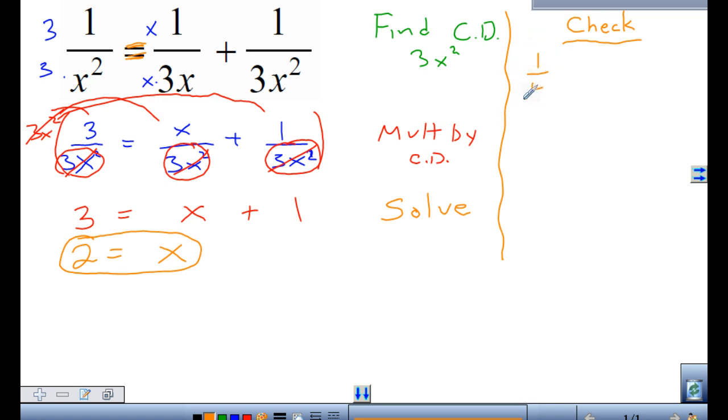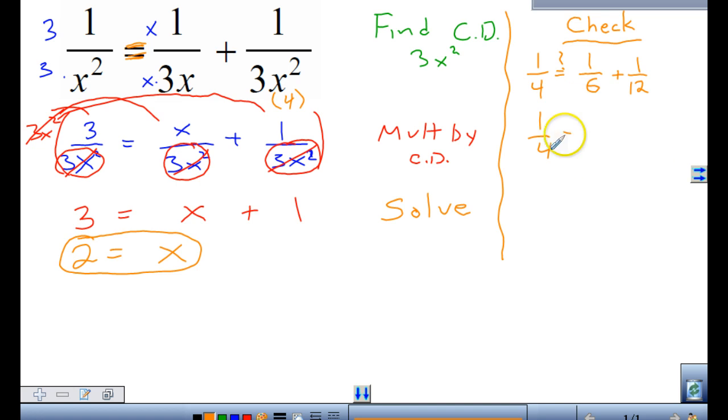So it is 1 over 2 squared, which is 1/4, equal to 1/6 plus, let's see here, that'd be 1/12, right? So does 1/4 equal 1/6 plus 1/12? Right, that's the question.